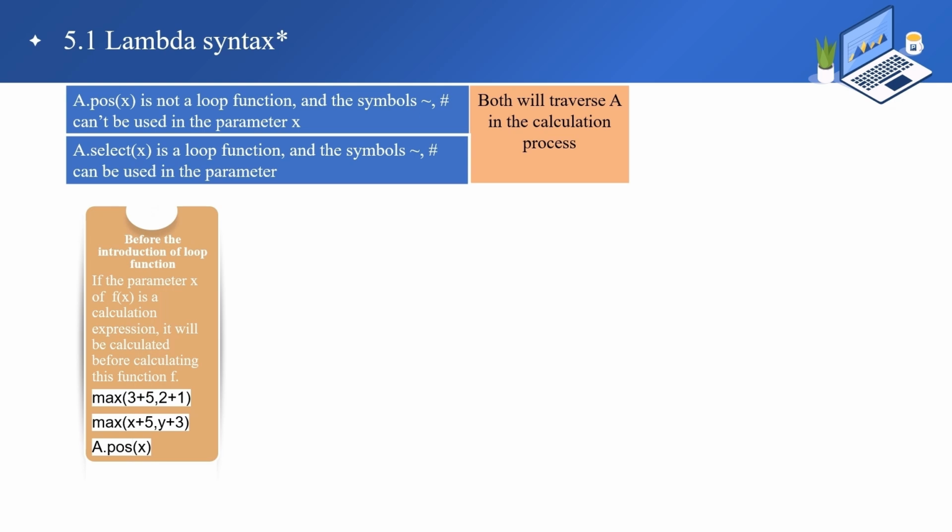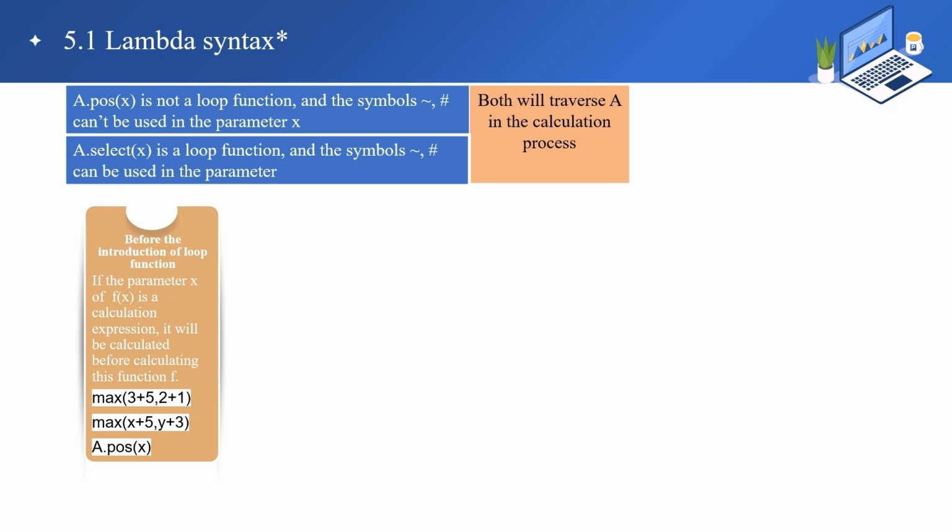Before the introduction of loop function, all functions f(x) had one characteristic. If its parameter x is a calculation expression, it will be calculated before calculating this function f. For example, max(3+5,2+1): when the computer calculates the max function, the parameters obtained are already 8 and 3. It's the same case even if there may be variables in the parameters.